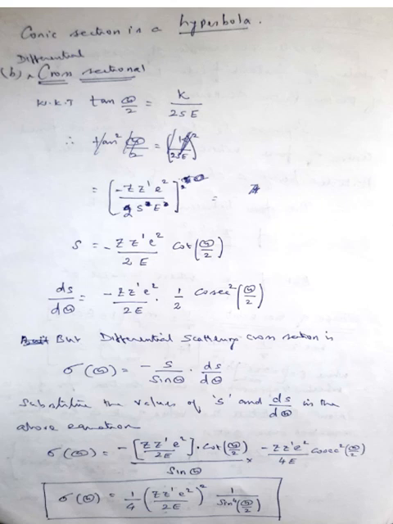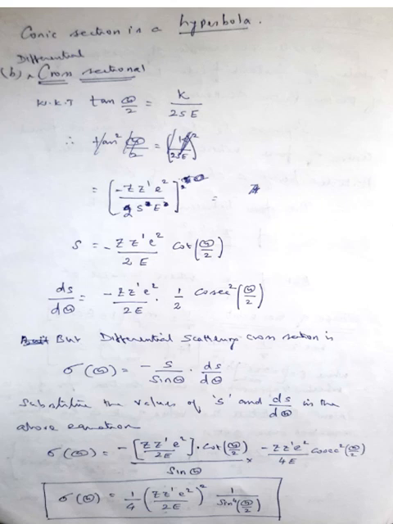Then, what is the differential cross section? We already calculated the differential cross section formula. Sigma of theta is equal to minus S by sin theta ds by d theta. So, what will be the differential cross sectional area for this Rutherford scattering? We know that tan theta by 2 is equal to K divided by 2SE.